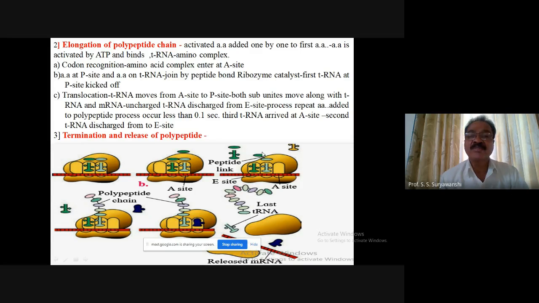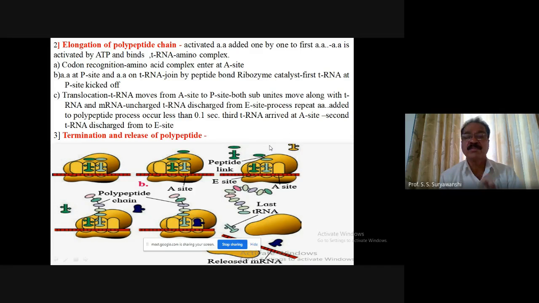Along with this, when the bonding takes place between the amino acids in the polypeptide chain, the tRNA first arrives at the P site, goes to A, then moves to P, and after the unloading of the amino acid, it is released from the E site and floats again to bring another type of amino acid.